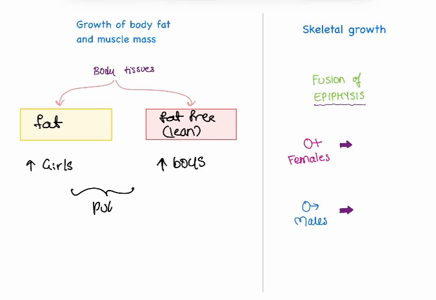This is after puberty. Skeletal growth stops when there is a fusion of epiphysis with the shaft. In females, it occurs at 18 years. In males, it occurs from 20 to 22 years. So that's why males are taller than females, on average by about 13 centimeters.